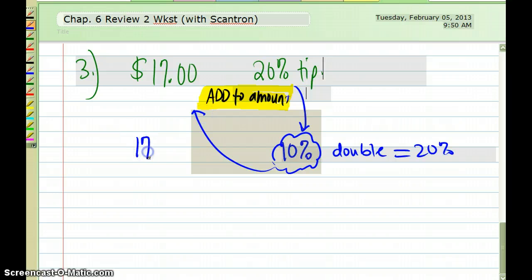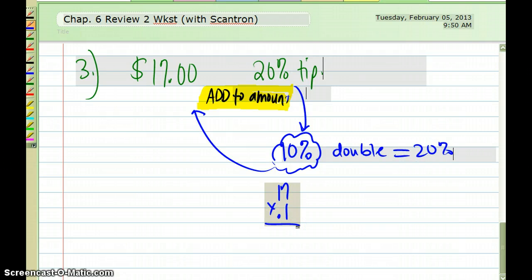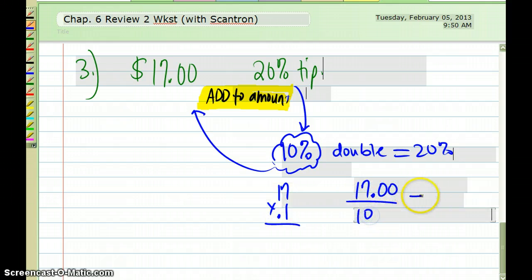10% of $17 is 17 times 0.5. I'm sorry, times 0.1. Okay, it's the same thing as $17 divided by 10, which is 1 7/10.